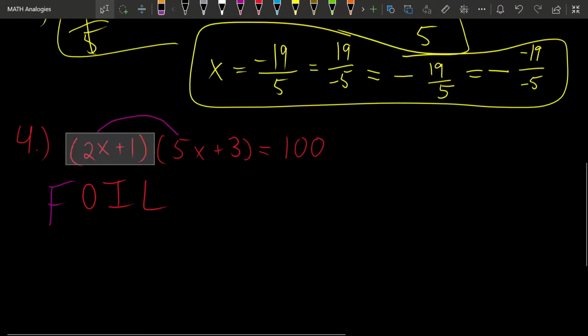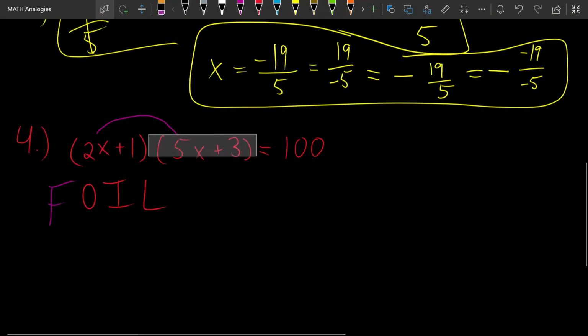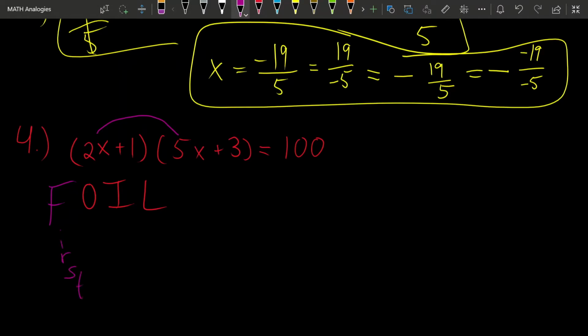So here's one set of parentheses, here's a second set of parentheses, and in there's two things. So the first thing and the last thing, the first thing and the last thing. So for F, first, we want to match up the first things. And then we want to do the outer.